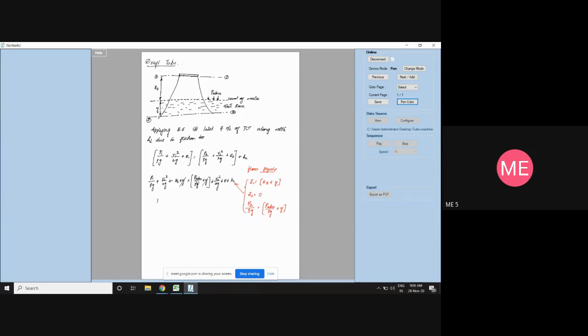Then left out is P1 by rho g, because I want pressure head at section 1. That is equal to P atmospheric by rho g plus V2 square by 2g minus V1 square by 2g minus HS plus head loss. Correct?